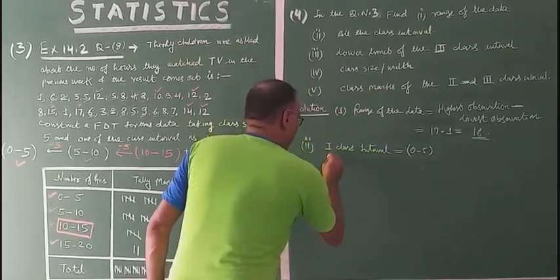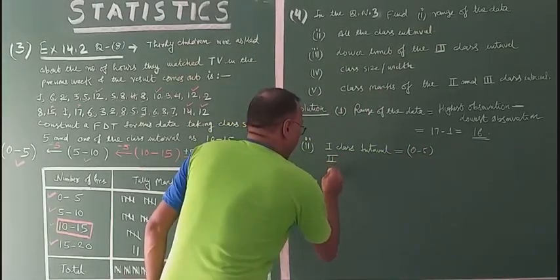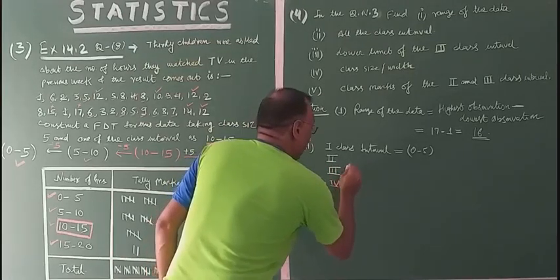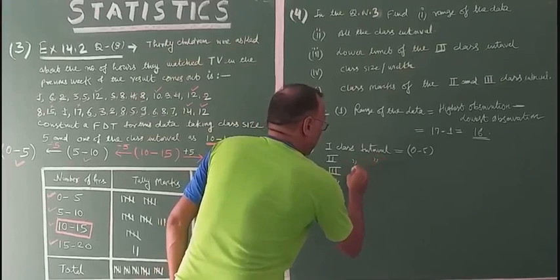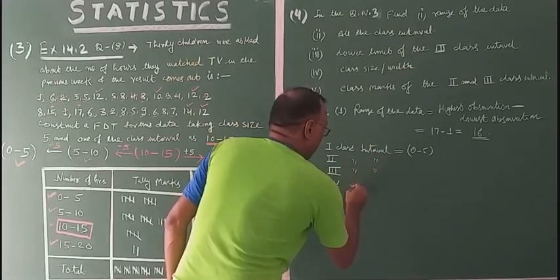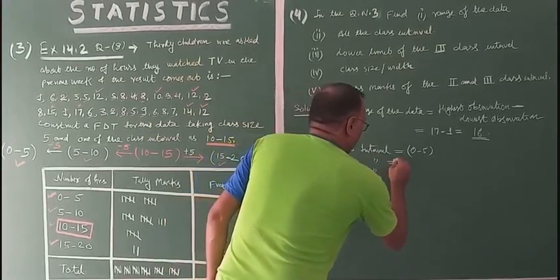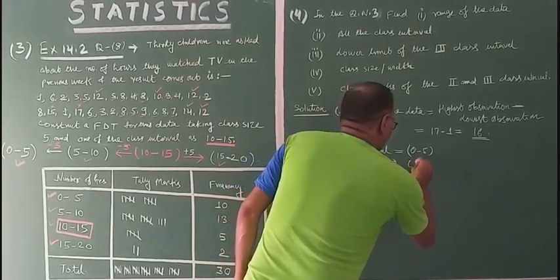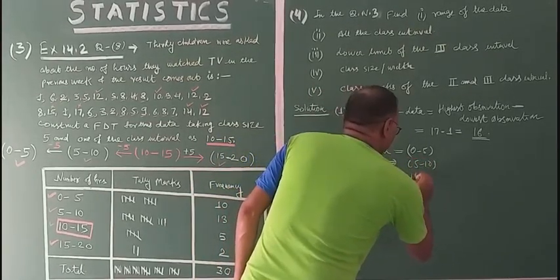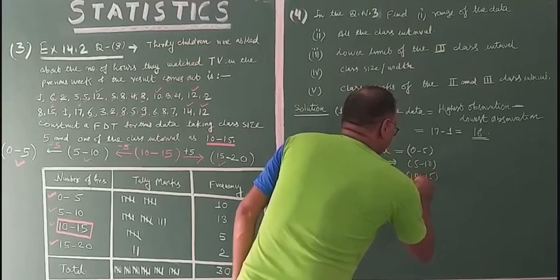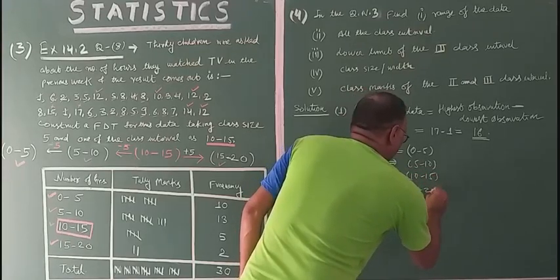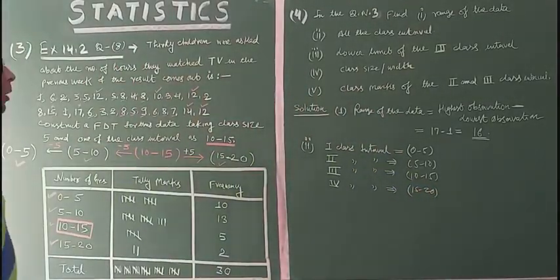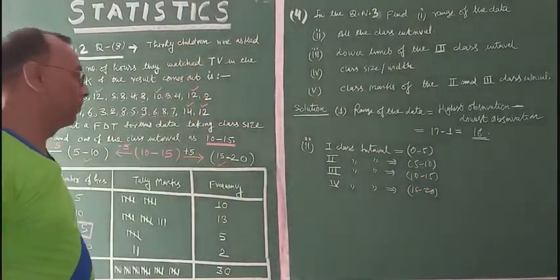Then second, third and fourth: 5 to 10, 10 to 15, and 15 to 20.